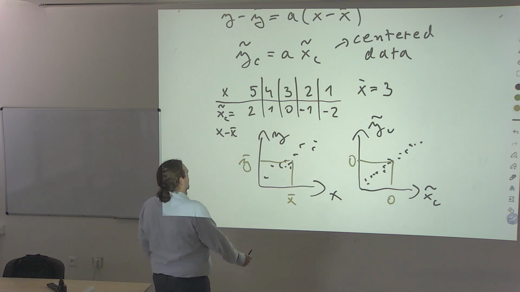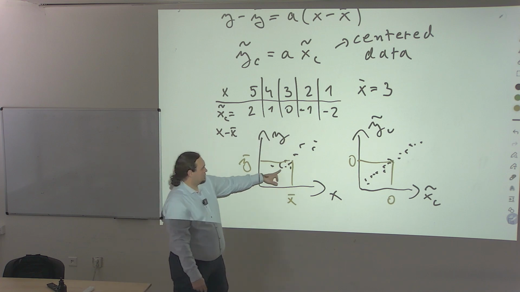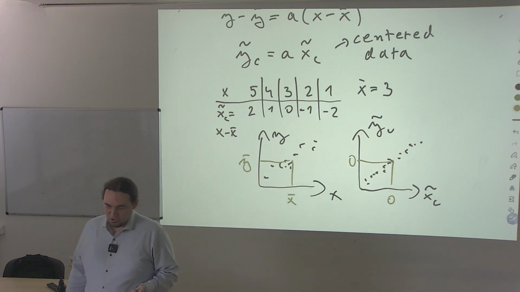Basically, we take this cloud of points and shift it such that in the center we have the origin.